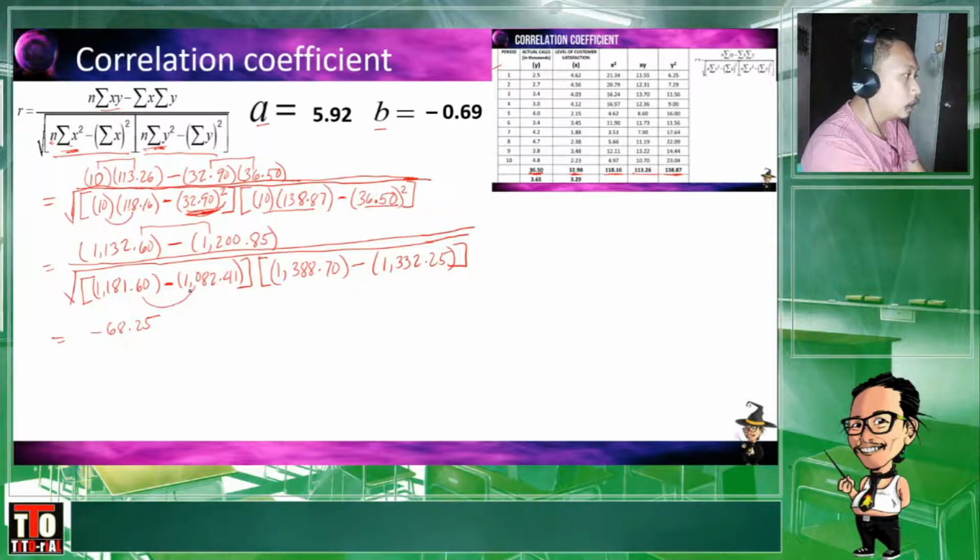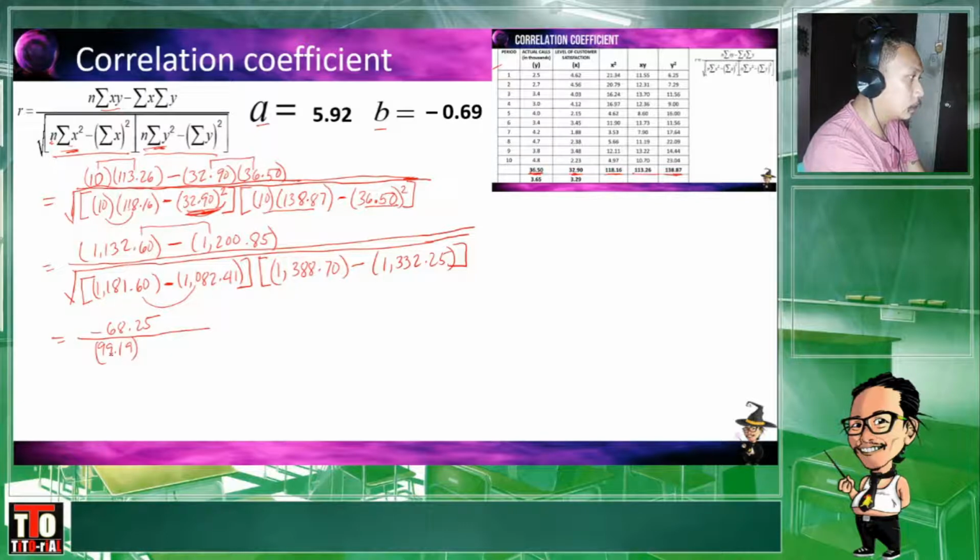1,181.60 minus 1,082.41 is 99.19. So, 99.19.